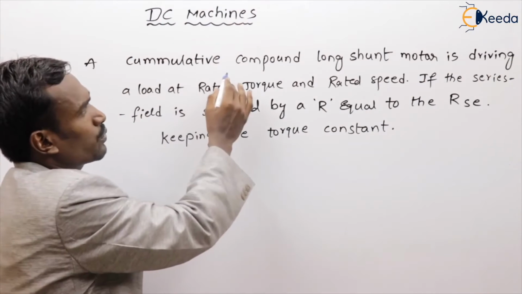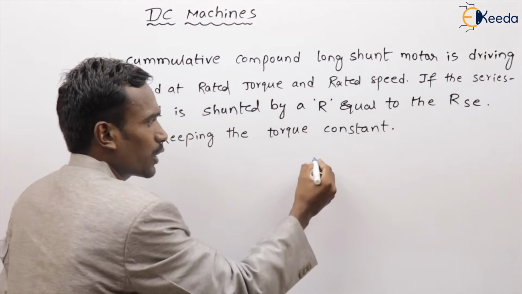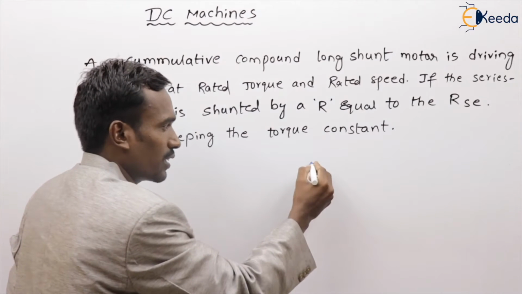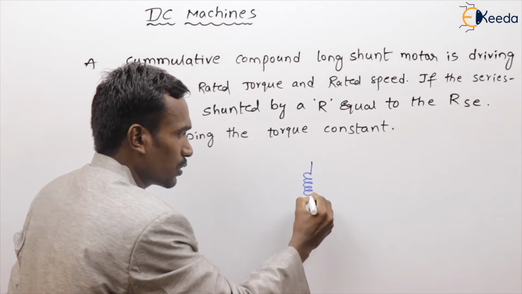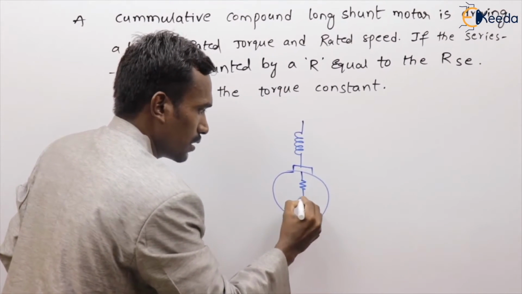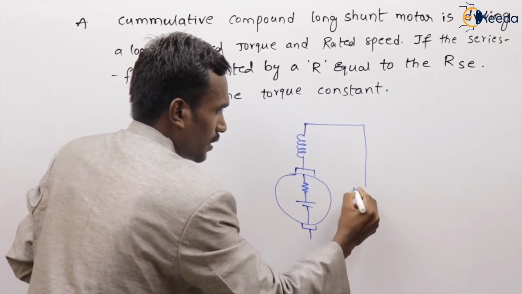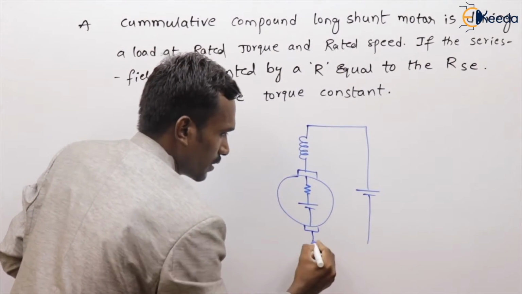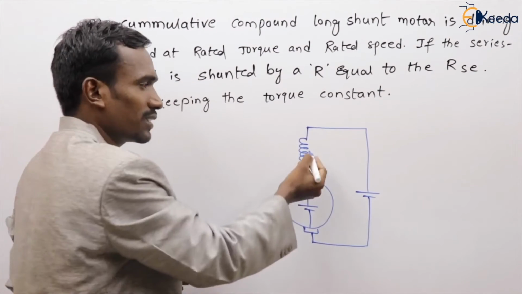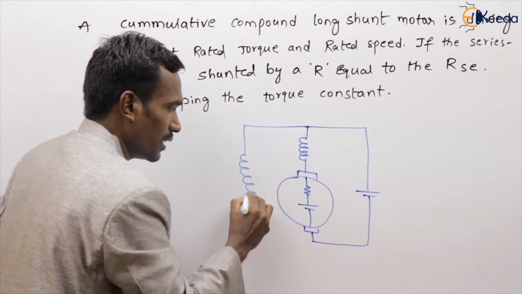A cumulative compound long shunt motor. They gave a cumulative compound long shunt motor. Let's see how the long shunt motor looks. For example, this is series. Now I want long shunt, so I have to connect here.